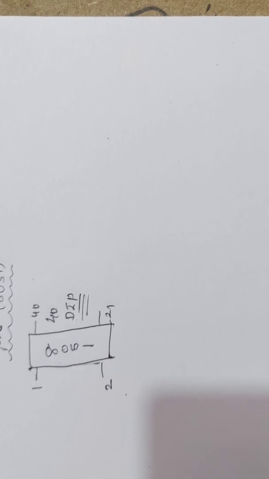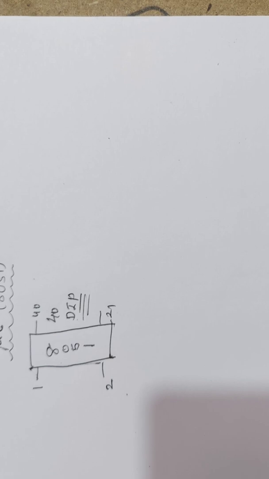So a device which works on binary number systems or binary information is nothing but a simple computer. What are binary numbers? 0 and 1 are binary numbers.